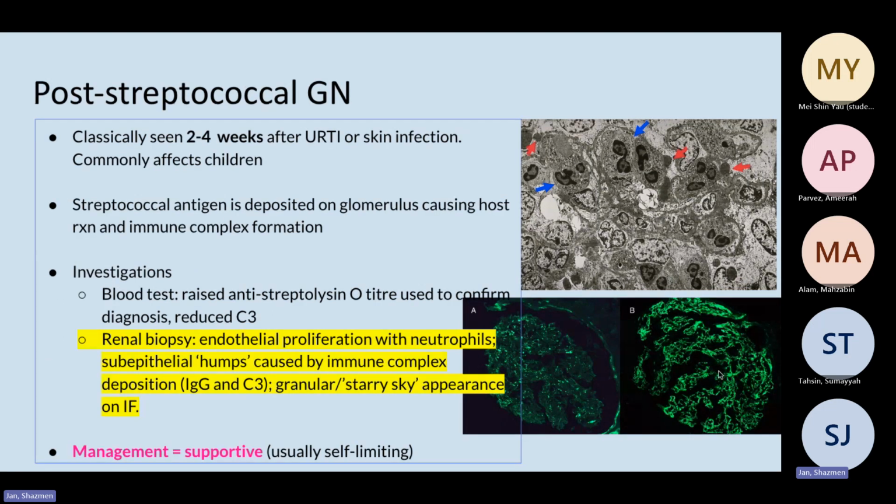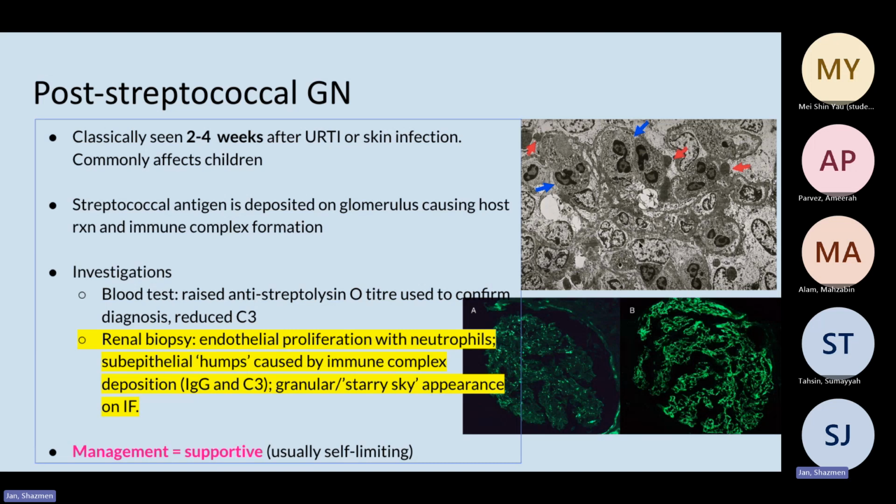Okay, so post-streptococcal glomerulonephritis, I was alluding to this before. This is seen 2 to 4 weeks after an upper respiratory tract or a skin infection, and it commonly affects children. What happens is that the streptococcal antigen is deposited in the glomerulus, and that causes a host reaction and subsequent immune complex formation.